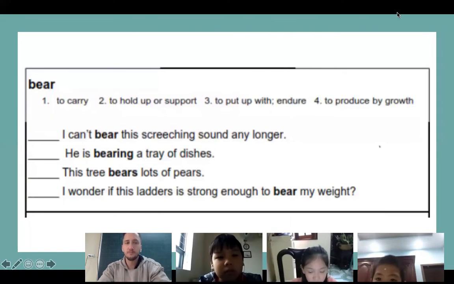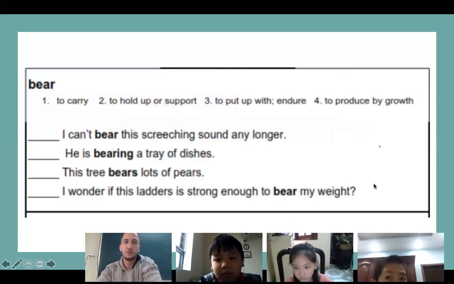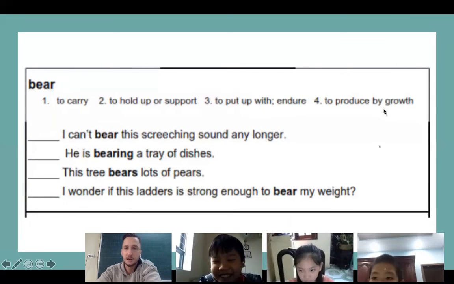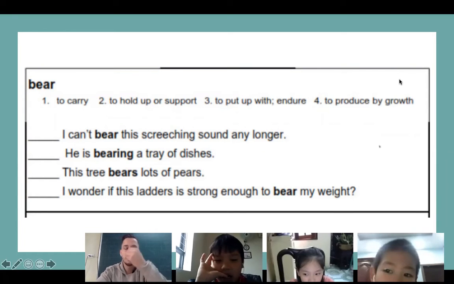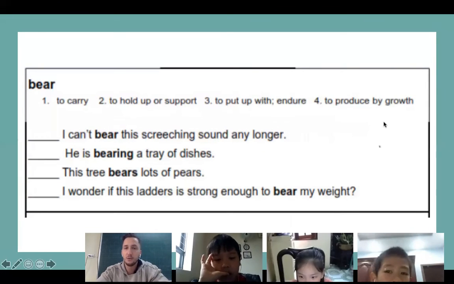Okay, so the next one, these are a little bit easier. We have a list of different definitions at the top of the page. And all we need to do is say 1, 2, 3, or 4, and then we are going to place it into each of these. So we are talking about the word bear, and the word bear will have 4 different definitions in this particular example.